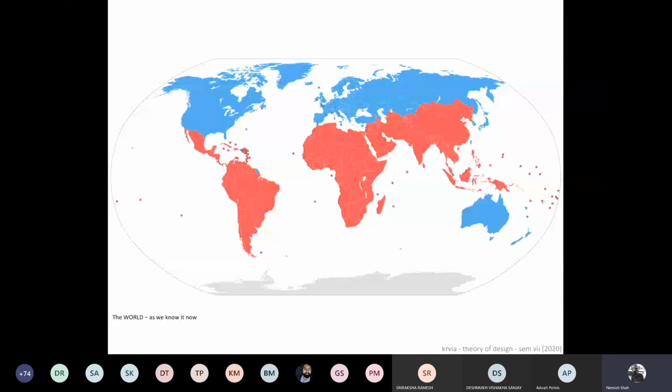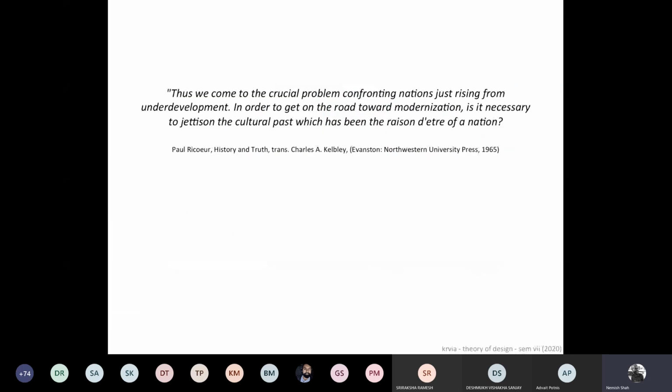The North was rich, was modern, had more resources, whereas the South was the part of the world which was underdeveloped, but it was forced into modernity in some sense.